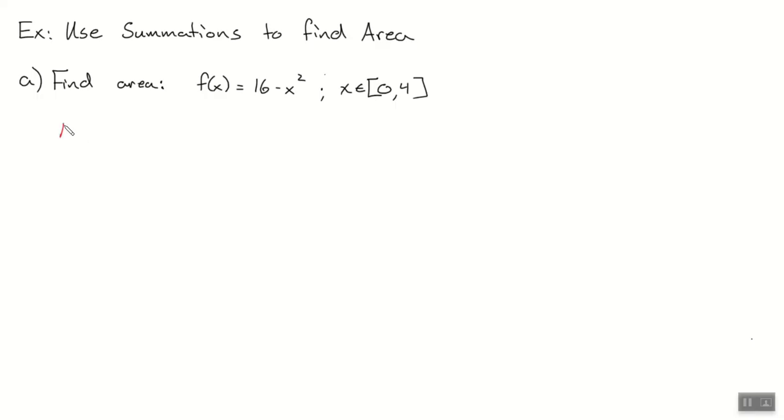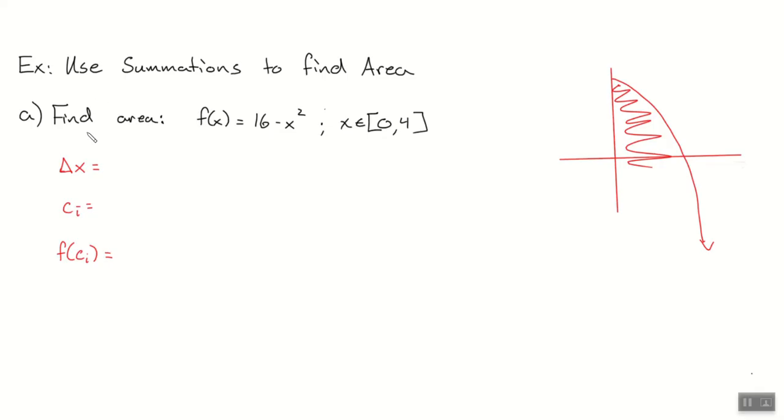And every time you do these problems, the first 3 things that you need to work out are your delta x, your c sub i's, and your f of c sub i's. This is our starting point. So pause the video now if you're watching it, and you'll see detailed work on this in 3, 2, 1.